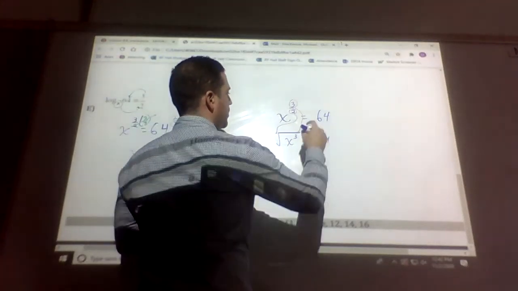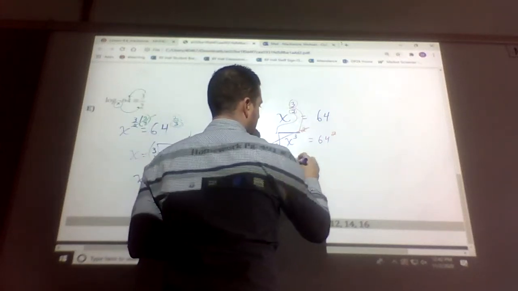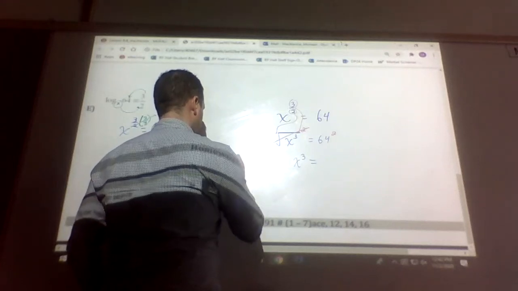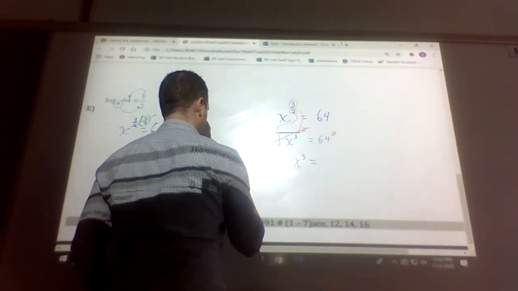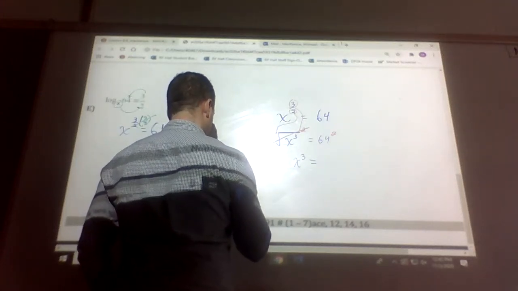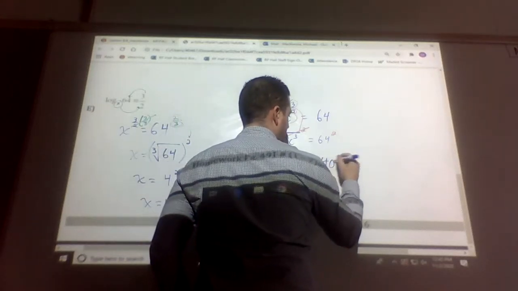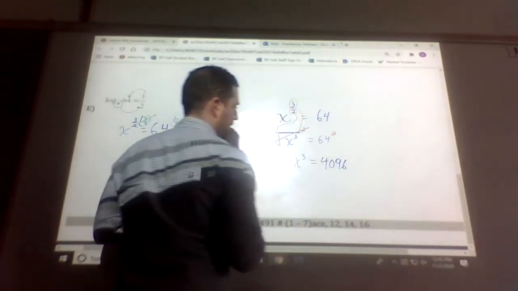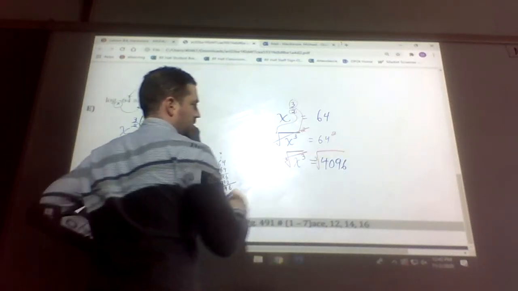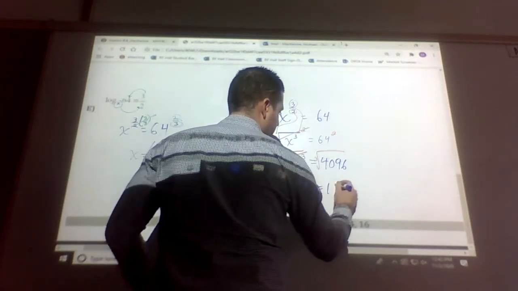To get rid of the square root, you square it. So we got 4,096, and now we cube root it to isolate for x. It should be the answer of 16.